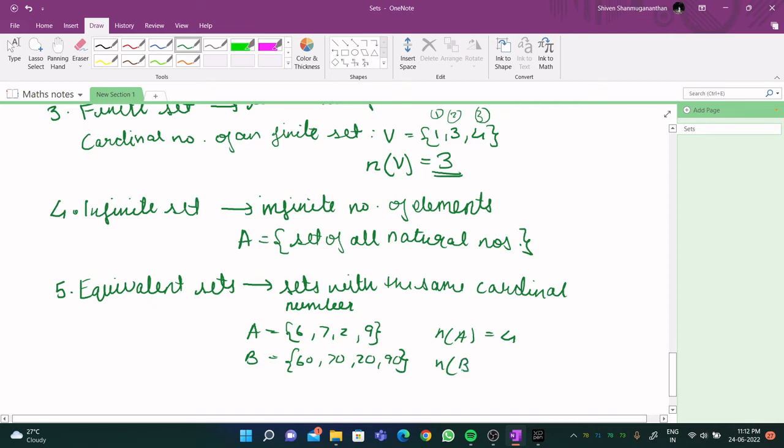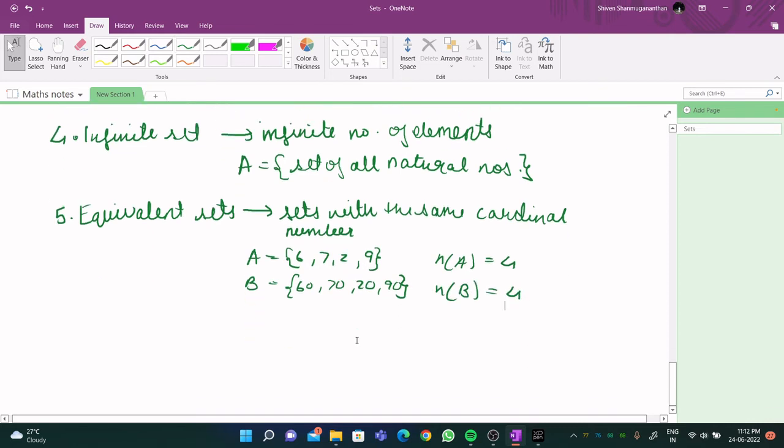If you take n of B, again you get 4. Now we can say A and B are equivalent sets. So I can just write that as n of A is equal to n of B. They are equivalent sets. That's pretty self-explanatory.